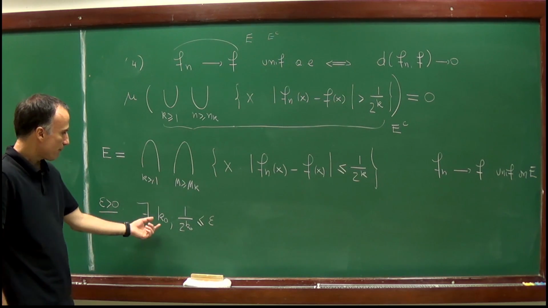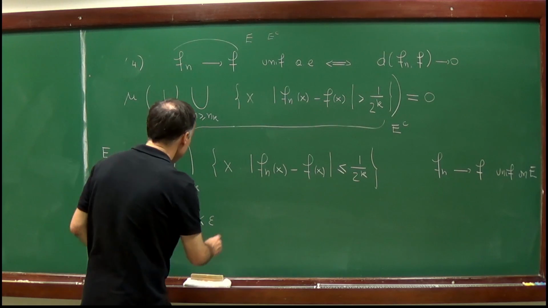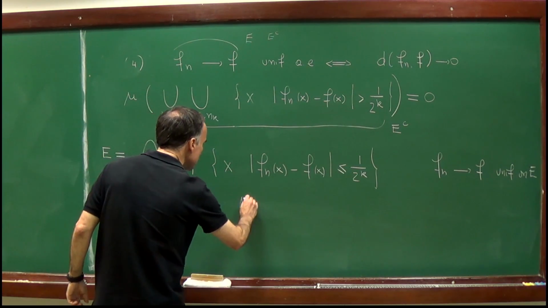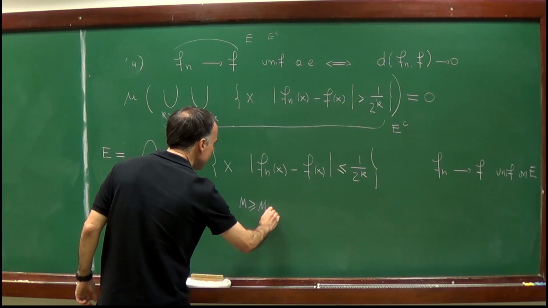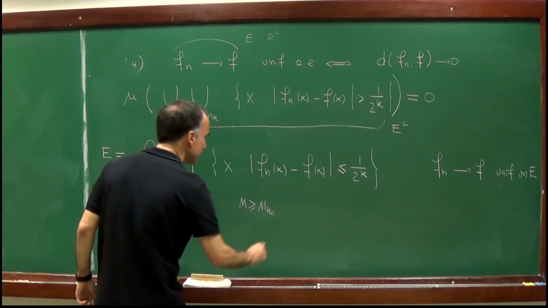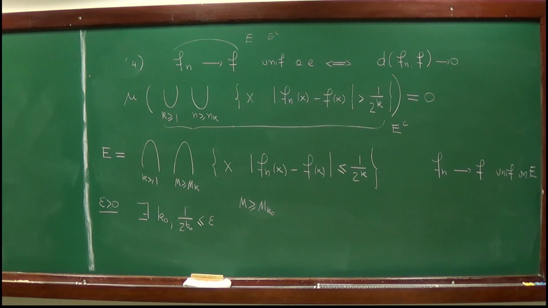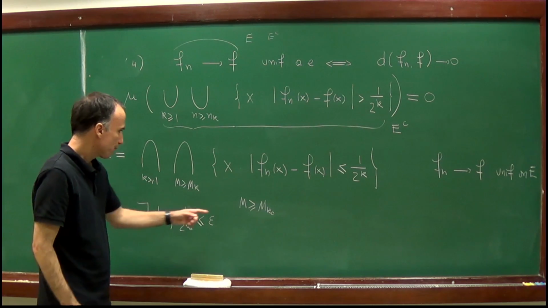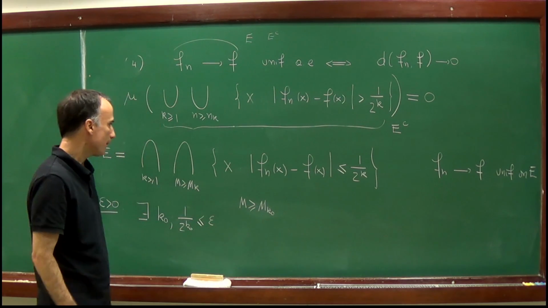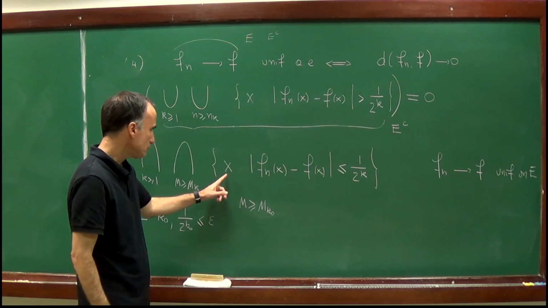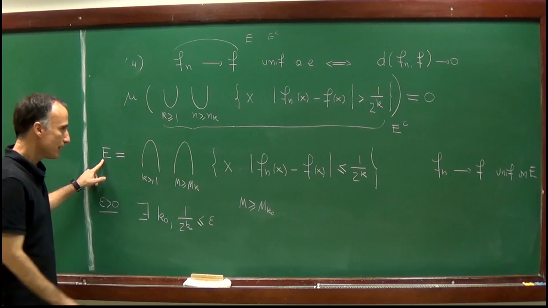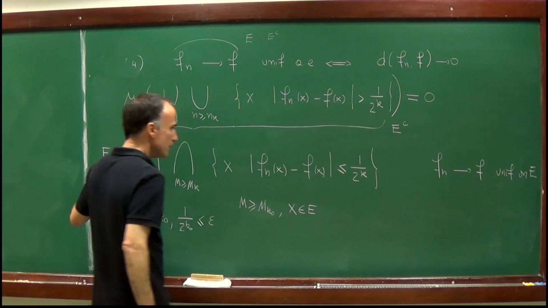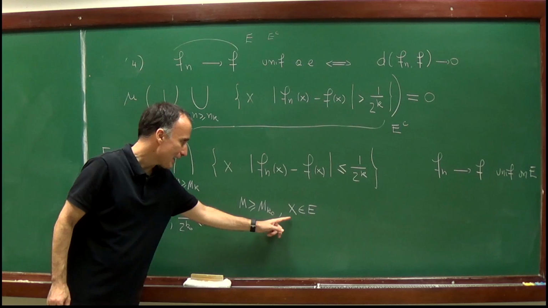Once you found this k0, associated to that k0 there is nk0. So let's consider n larger than nk0. Well, if n is larger than nk0, and I take x, so let's consider x in E.